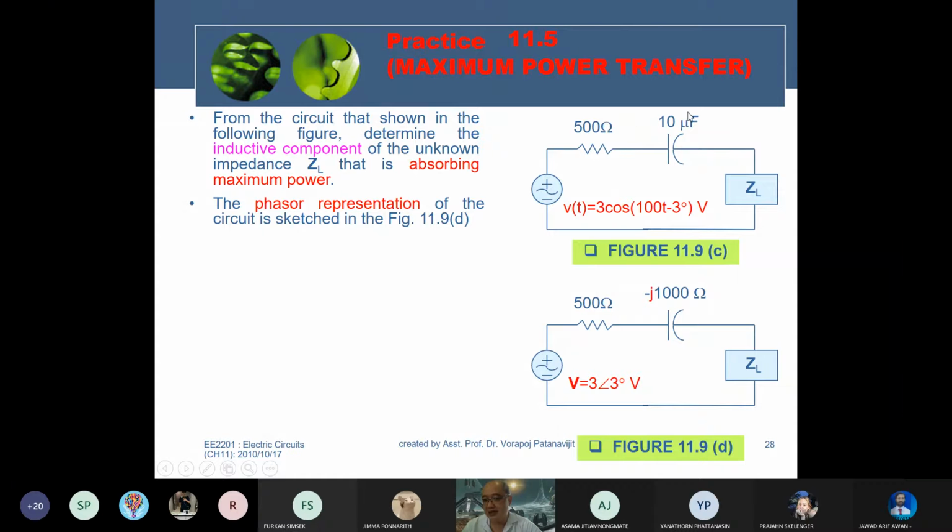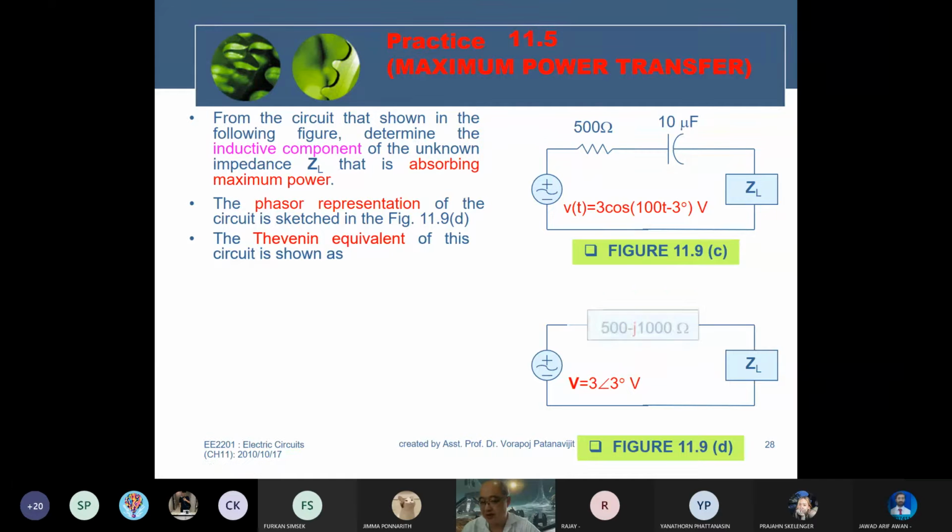But ZC equals 1 divided by j omega C. Omega is 100, C is 10 microfarad. Substituting them gives ZC equal to minus j1000. Or you can write them as a single complex impedance, 500 minus j1000.